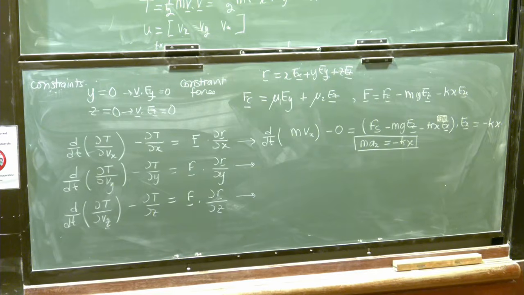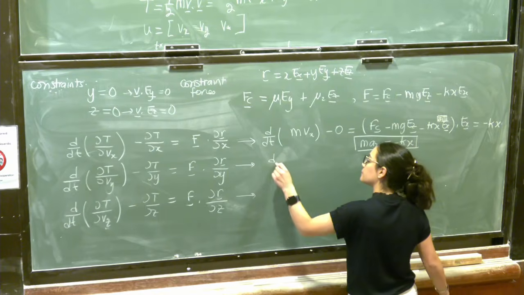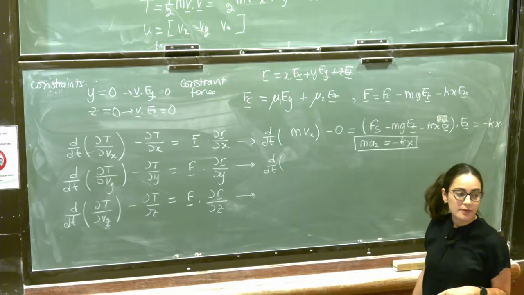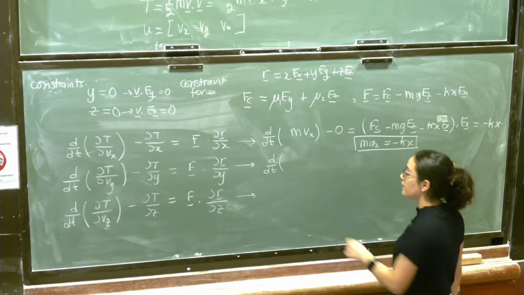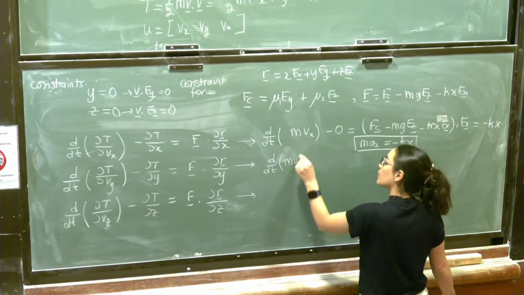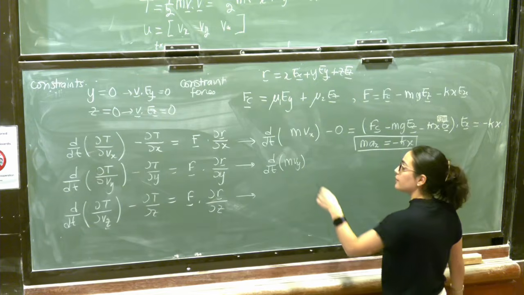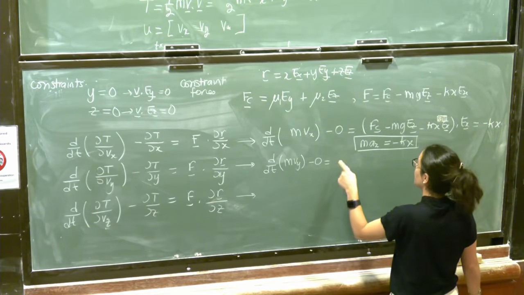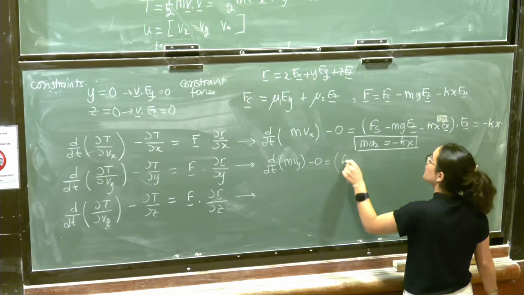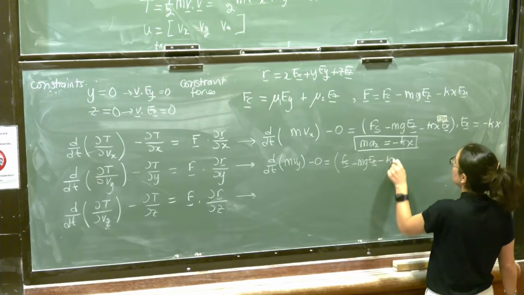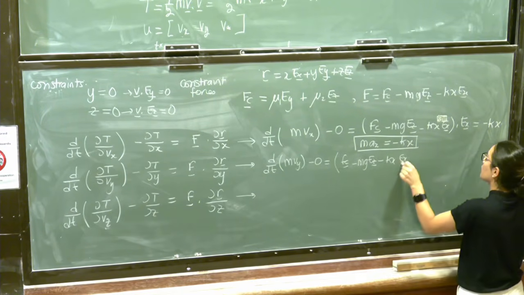Now let's apply the same equation along y and z. Along y, I'll get d by dt of partial T partial vy. What is partial T partial vy? m vy, exactly. What about partial T partial y? Minus 0 is equal to F, which is Fc minus mg z minus kx Ex, dotted with del r by del y.